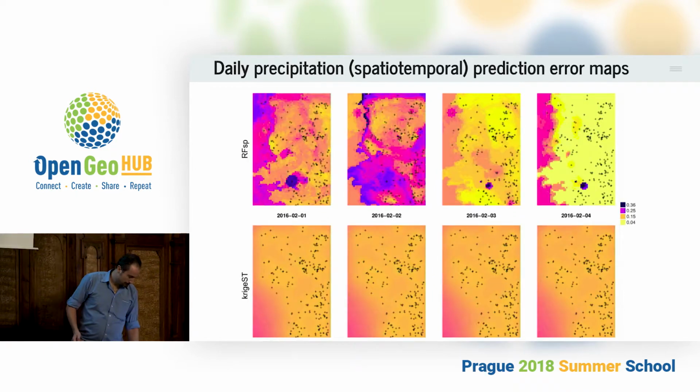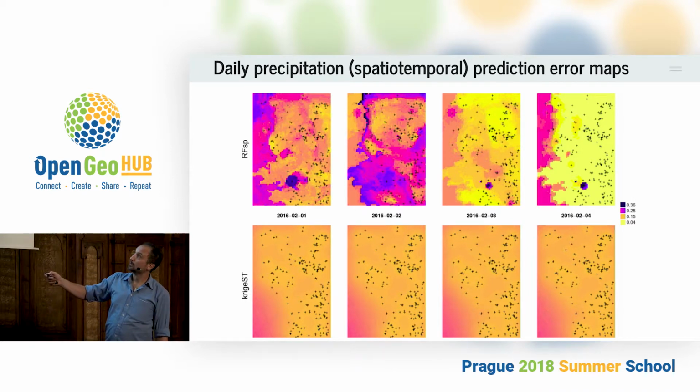When you look at these, these are the prediction intervals, the prediction error. And when you look at the random forest, again, you have much more contrast. Very interesting results. This single station, which had a high rainfall for that day, now has a high error. And that error actually impacts also other days.